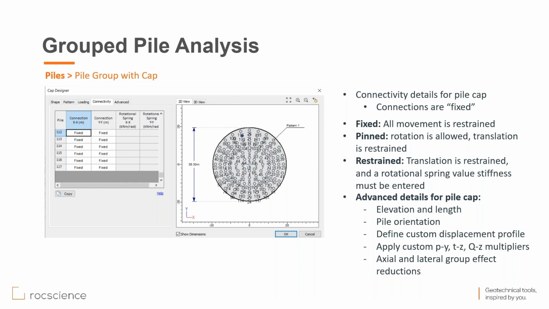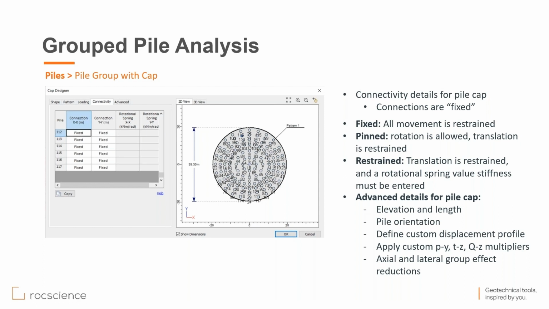And not to skip, there are also advanced details for defining the pile cap, which are the elevation and length. You are able to define the elevation and length of each pile and modify them, have different patterns of piles connected to the same cap. You can play with the pile orientations in case you have cross sections that do not comply with symmetry, which is not the case for a circular cross section and a homogeneous reinforcement distribution, of course.